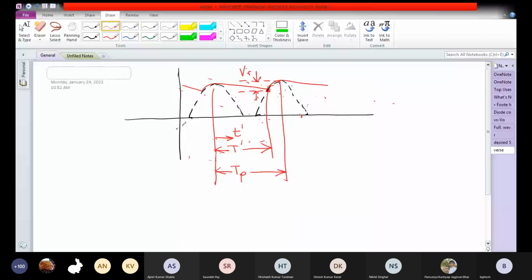This path. So here, this is my V0. This is my time. This is the Vmax.